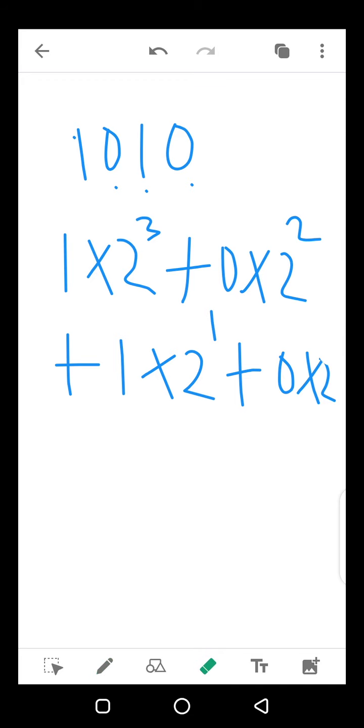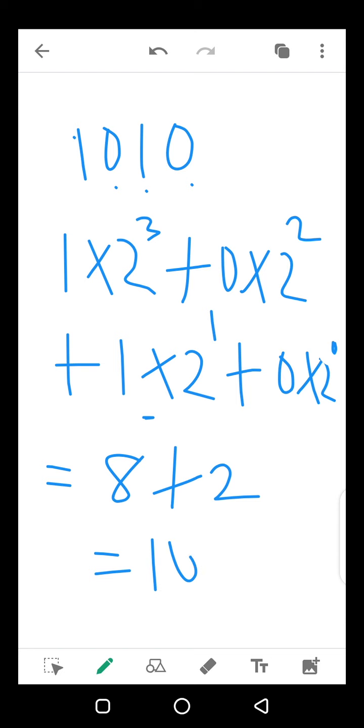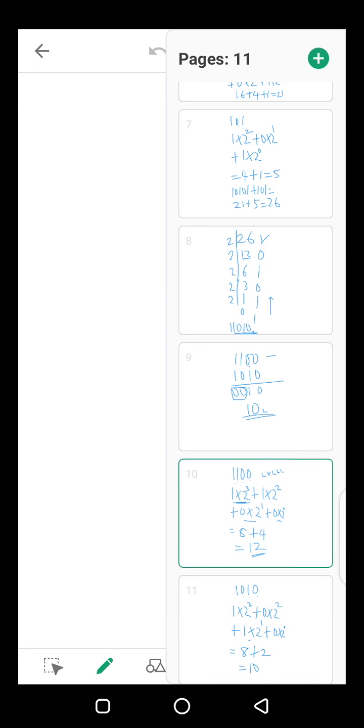So 2 raised to power 3 is 8. 8 times 1 is 8 plus this is 0. Anything times by 0 is 0 plus this one is 2 raised to power 1 is 2. 2 times 1 is 2. This is 0. So we have 8 plus 2, which is equal to 10. Therefore, the first number is 12, while the second number is 10.